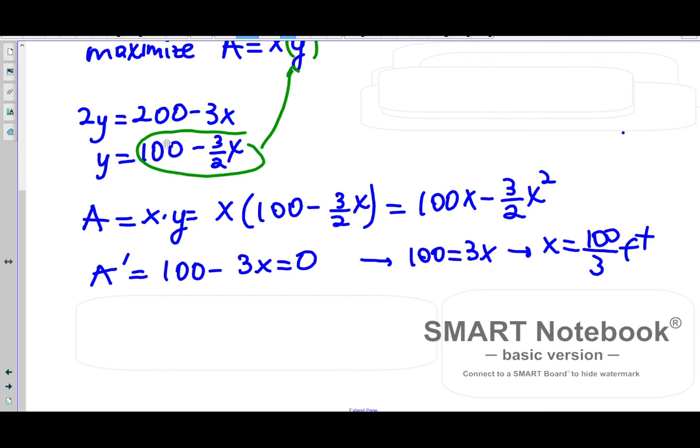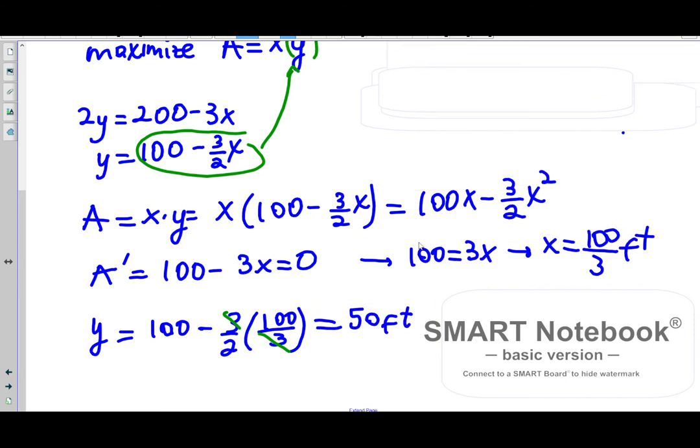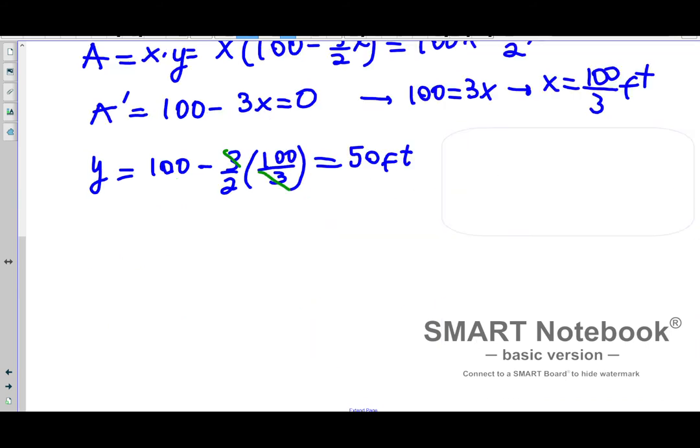Here we have Y equals 100 minus 3 over 2 times X, and instead of X, I'm going to bring in what we just found, which is 100 over 3. You'll be able to simplify that a little bit because the 3's can be canceled, and 100 over 2 is 50. 100 minus 50 is 50. So here we have 50 feet for Y.